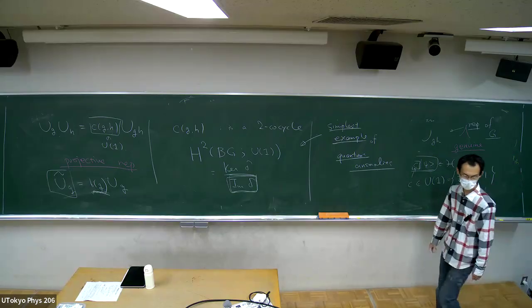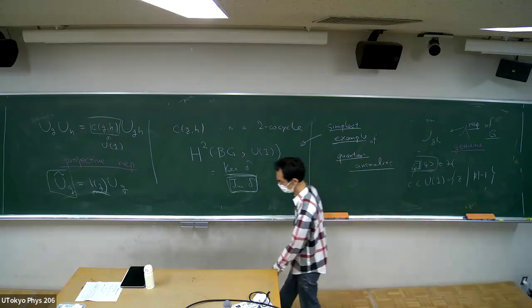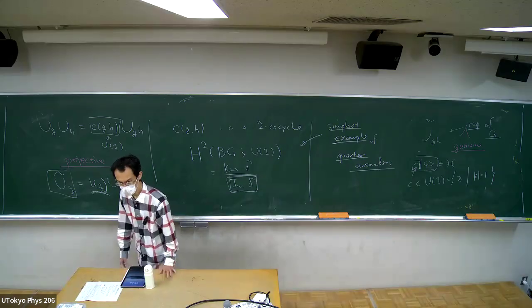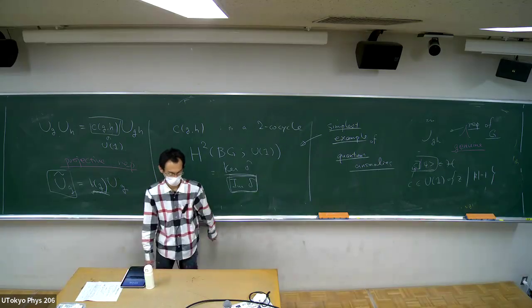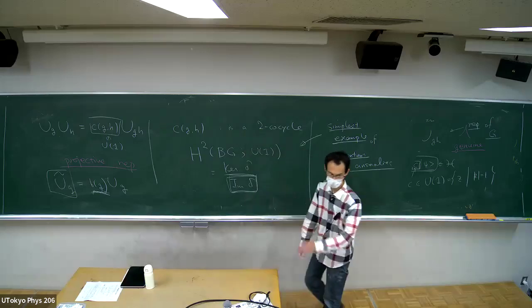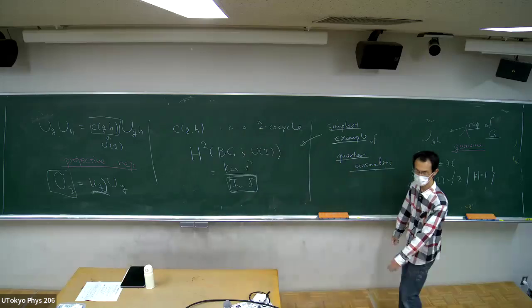So that's the thing we are going to discuss next week. So thank you very much for your attention today. You can ask more questions if you like, but this is the end of the lecture today. Thank you.